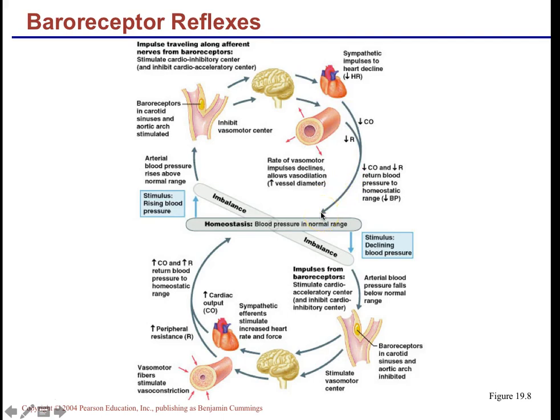So you want to bring down the heart rate, stroke volume, and peripheral resistance. If the blood pressure goes down, then you want the baroreceptors to have the medulla take that information and increase heart rate, increase stroke volume, and increase peripheral resistance. And that is what I explained, but in picture form.